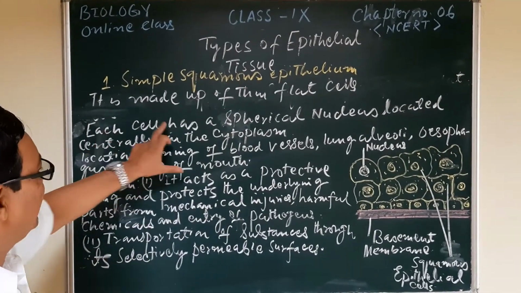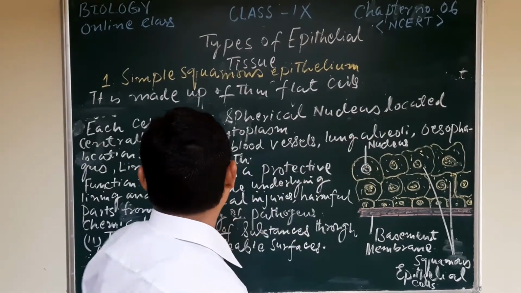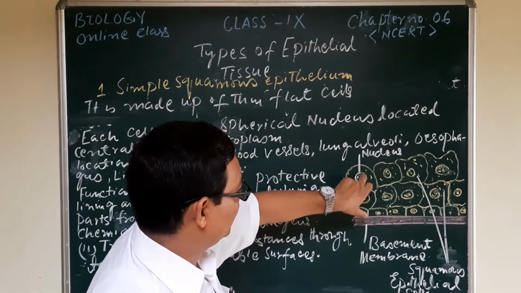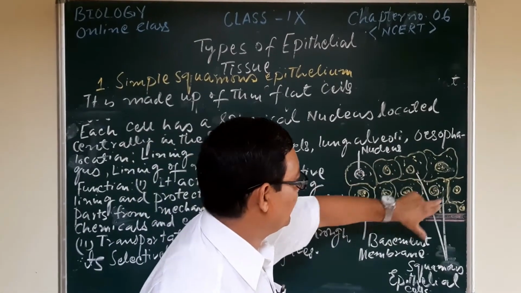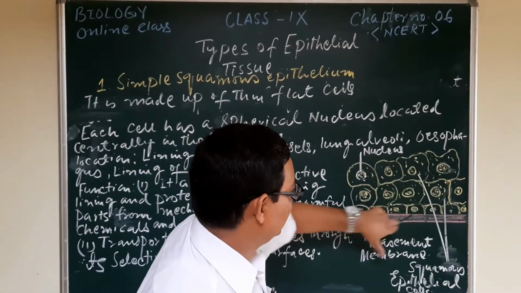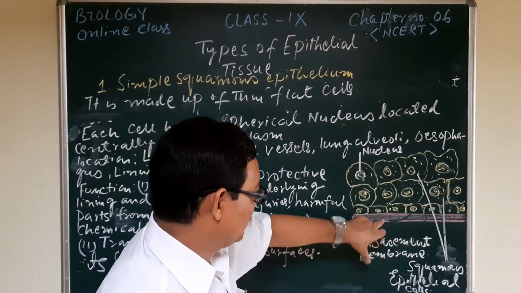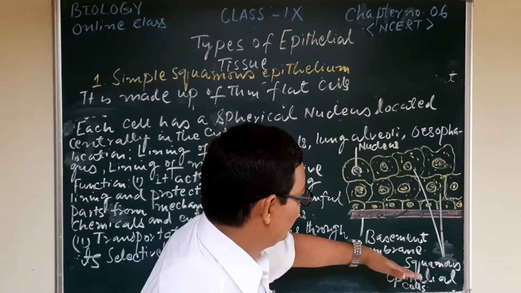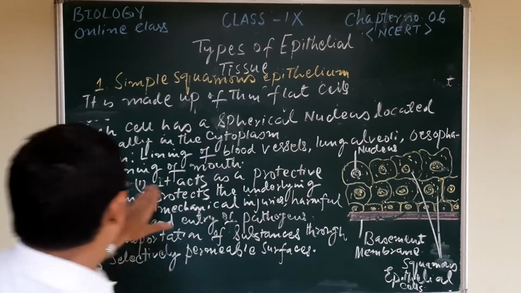Here each cell has a spherical nucleus located centrally in the cytoplasm. You may see here, this is the nucleus and this is the shape of the cell, and this is the basement membrane upon which the cell lies.